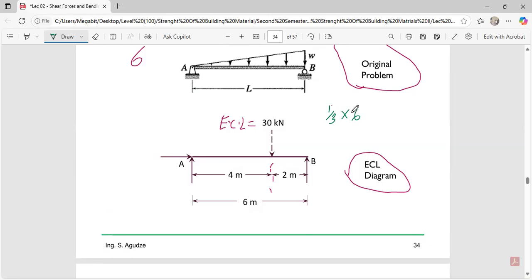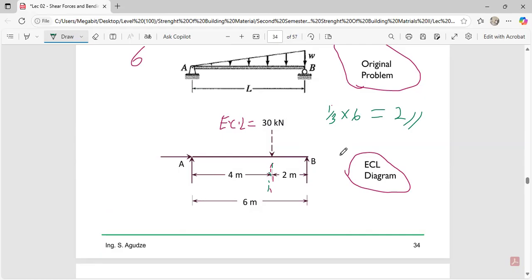And what are we going to get? We're going to get 2. So you realize that even at the end of the day you are still going to get the same answer. In this way, you are going to measure 2 meters from support B. So whatever approach you choose to use, you are still going to be getting the same result. So this is the ECL diagram. The ECL diagram is a must and you should be able to draw it.